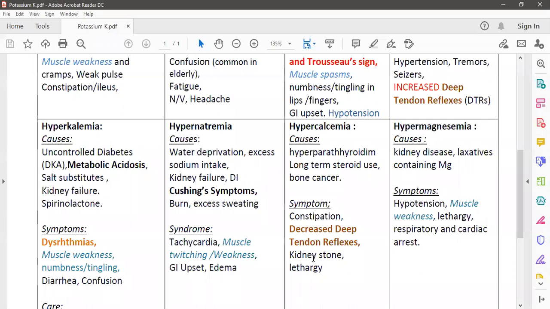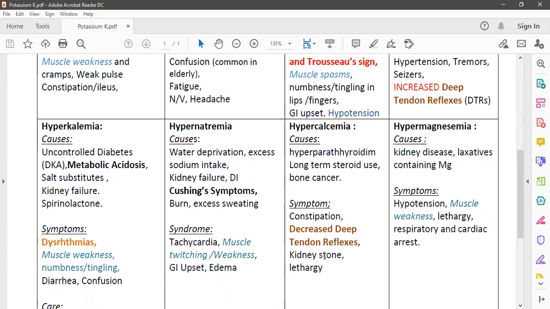So if your patient develops a kidney stone, if your patient has hypercalcemia, they have a chance to develop kidney stones. What other signs? Patients sometimes complain of lethargy or weakness, anorexia, nausea, vomiting, GI problems, right?